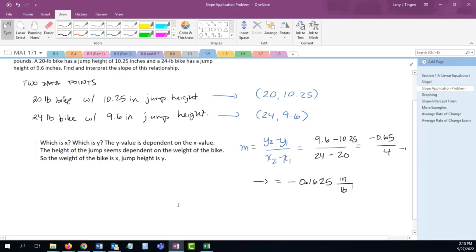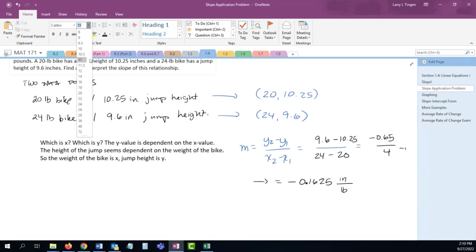So if I had to say, what does this relationship mean? It would seem that we agree already that as I increase the weight of the bike, I decrease the jump height. This is the rate of that change.